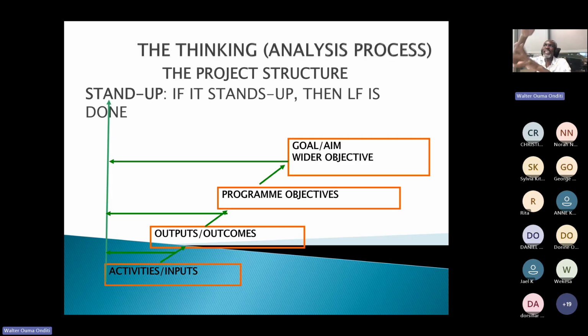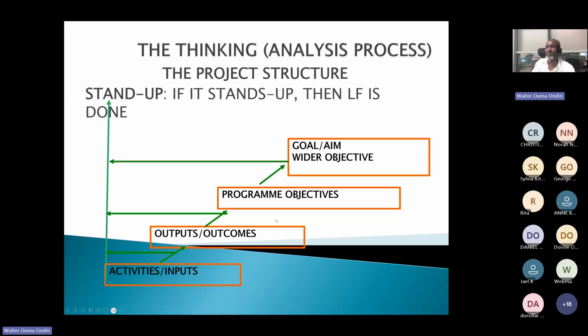If it stands up in the sense that the input allows you to do the activities and all the activities align to 1, 2, 3 objectives, outputs, and all 1, 2, 3 outputs align to a particular outcome and 1, 2, 3 outcomes align to the goal, then we are saying you are thinking the right way and the vertical alignment really exists.